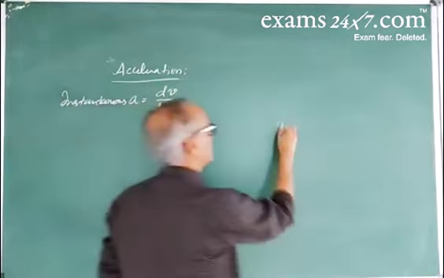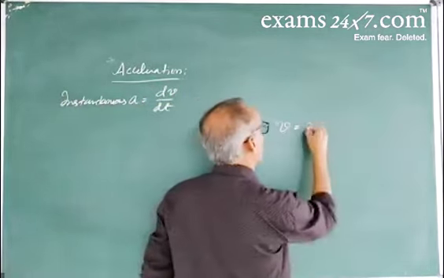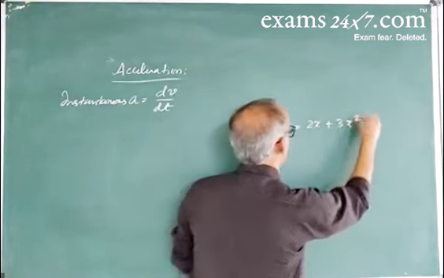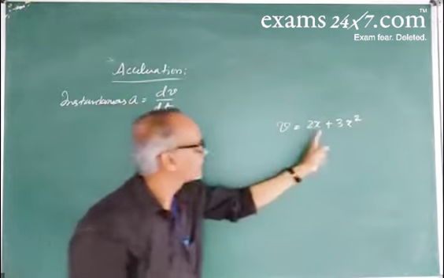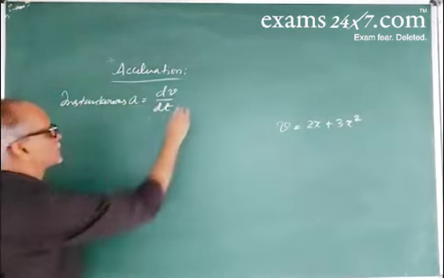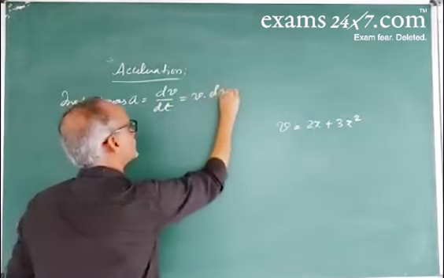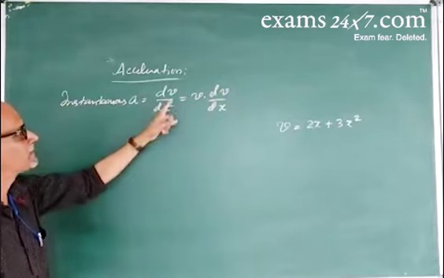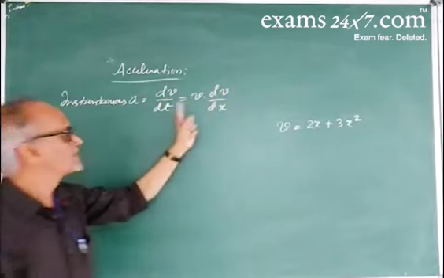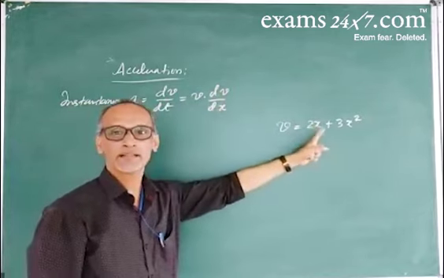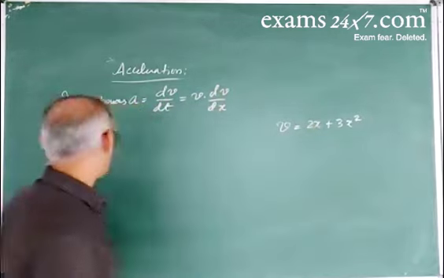What if v is given as 2x plus 3x squared, where v is not a function of time, it's a function of distance? In that case, you can find the acceleration is equal to v into dv by dx. So we use the first format only if v is a function of time, and we use the second format if v is a function of distance or displacement.